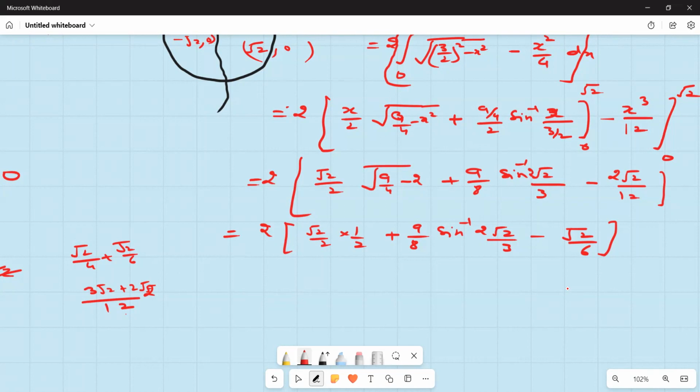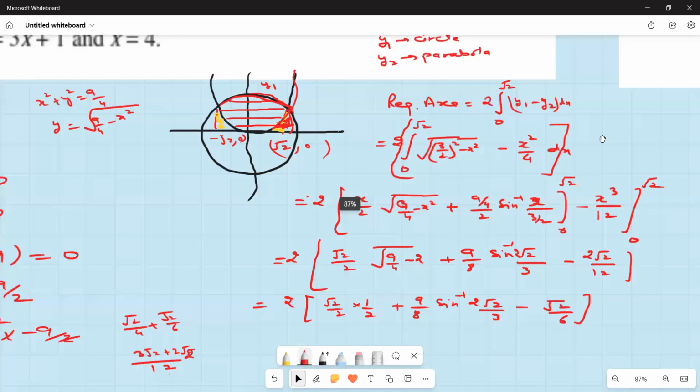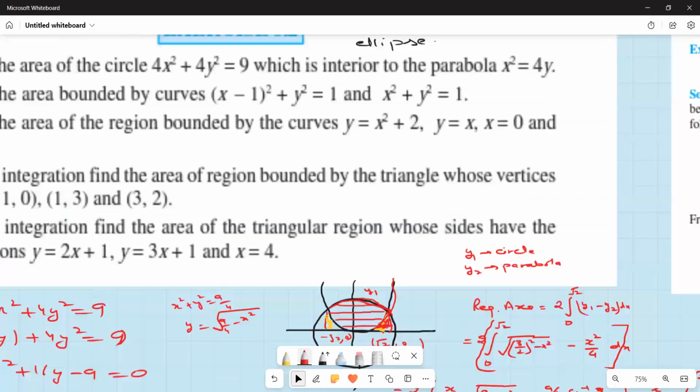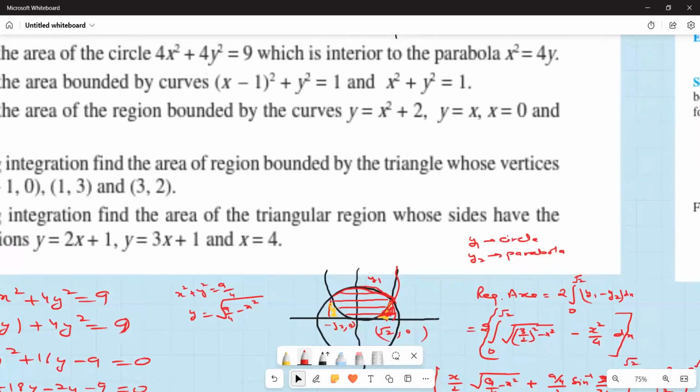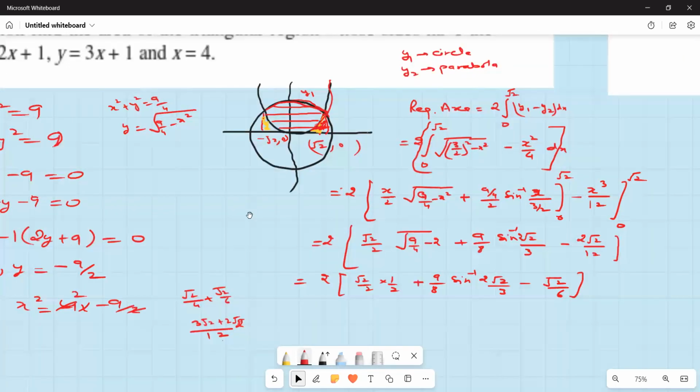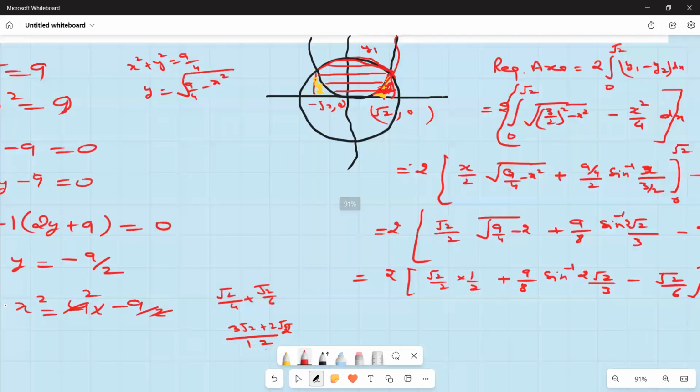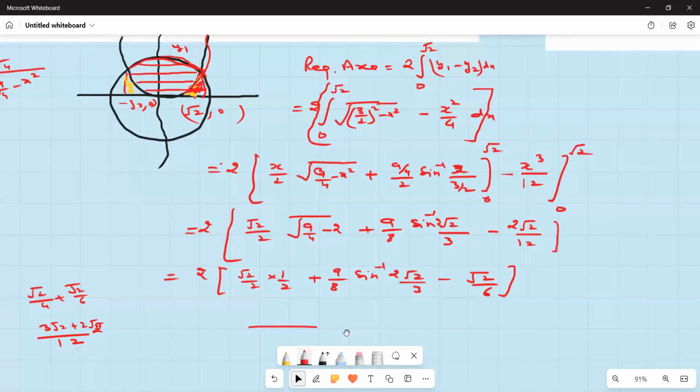This is 4 is there. Just a minute. Let us check the original equations. X square is equal to 4y. So x square by 9, 4. And this is 9 by 4. 9 by 4 is this only. So 9 minus root 2, that is 2 only. If I substitute the values, because root 2 is the value, this is giving us 2 root 2 cube is 2 root 2.